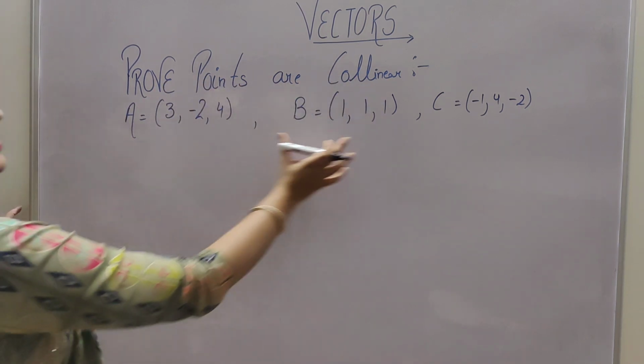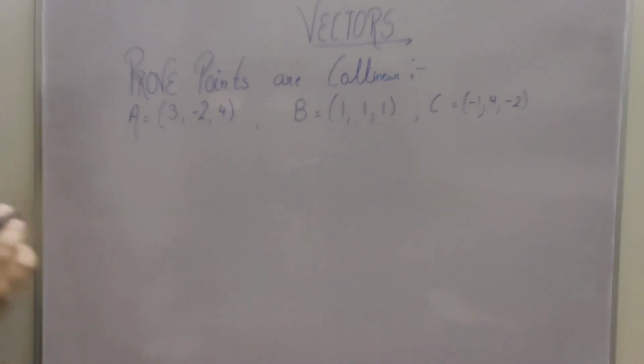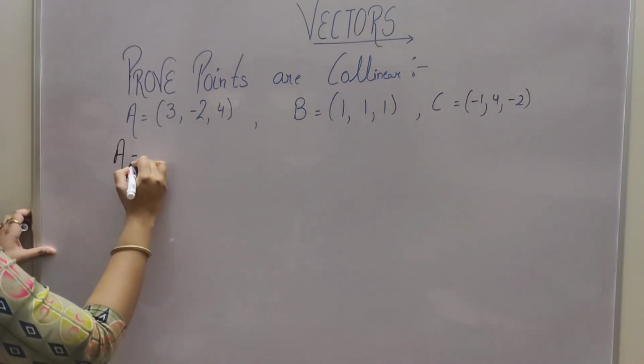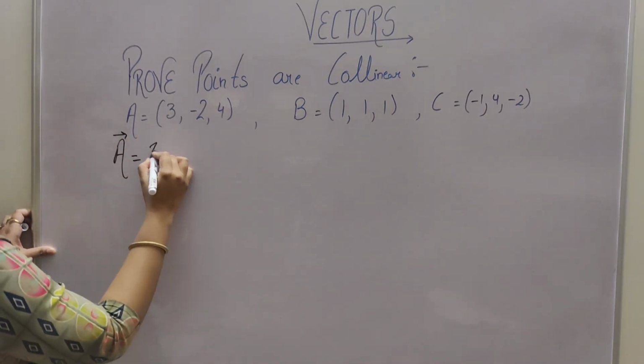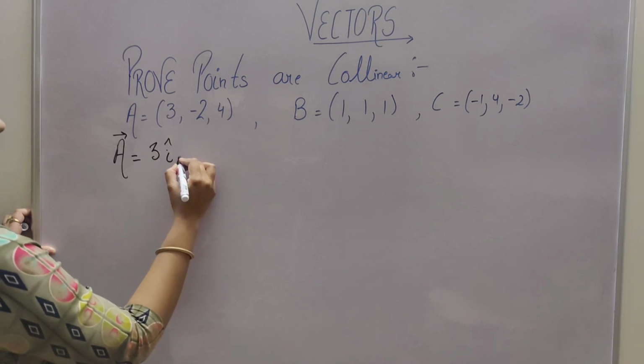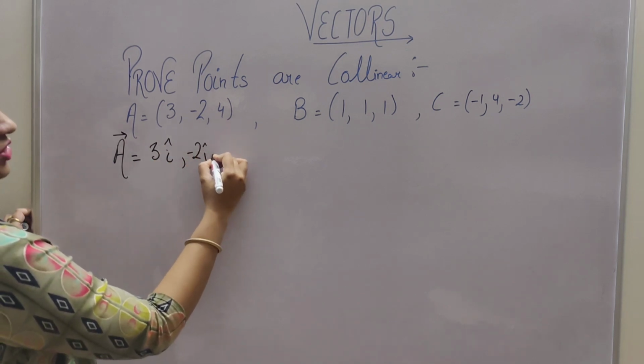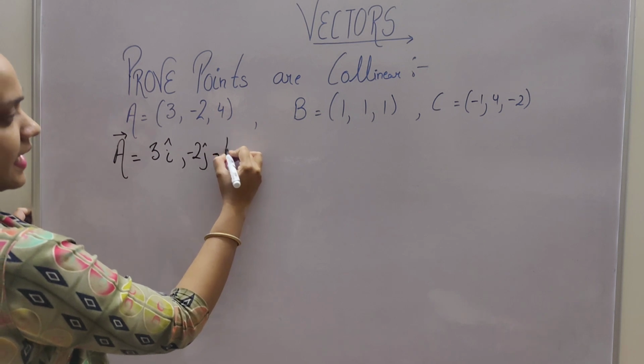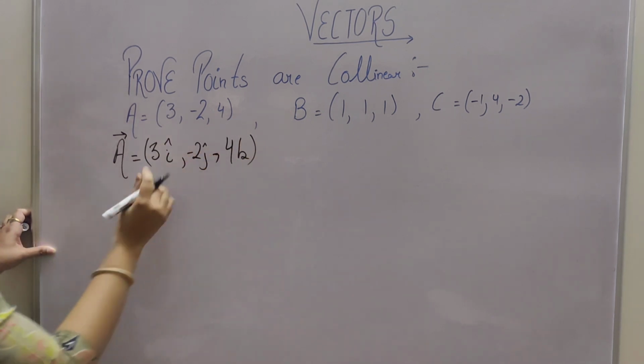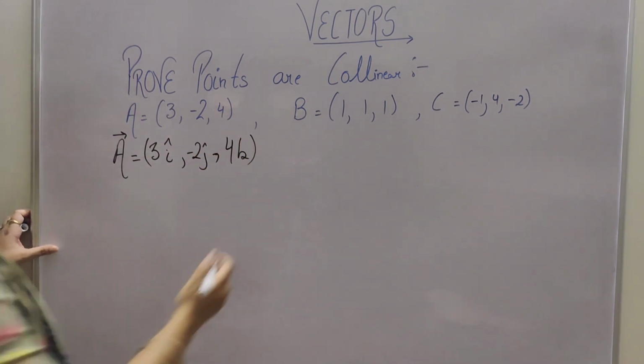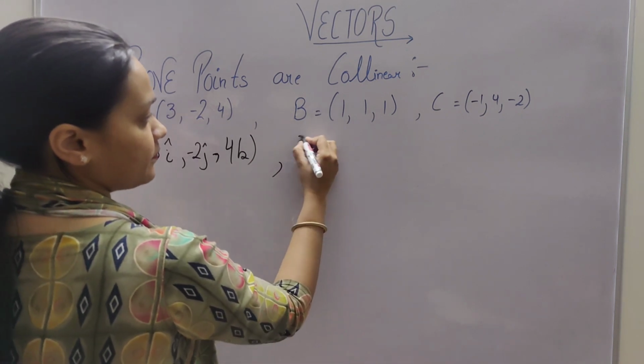A point is given as this, B is this, and C is this. So firstly, write these all values in the form of vector. What? I, j and k. Write all these in the form of I, j and k.